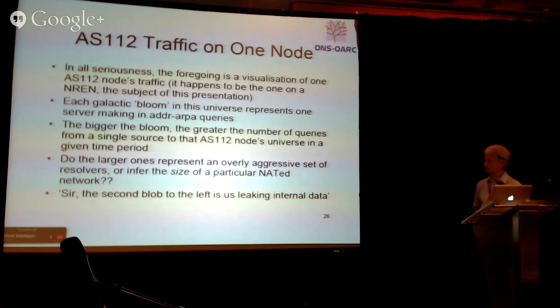As you can see, each balloon represents queries coming from one source. And you have to wonder, is it because there's a really aggressive resolver, or is it a very, very big network sitting behind there that's just completely and consistently misconfigured? One has to wonder. But the best way to put it to that mindset is simply to say, that's you leaking that data, and we've got to do something about it.